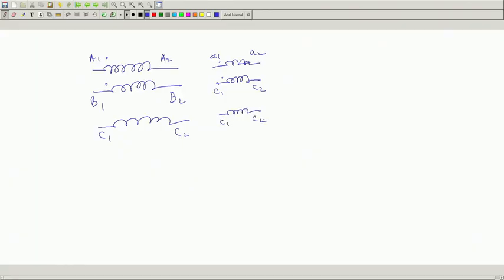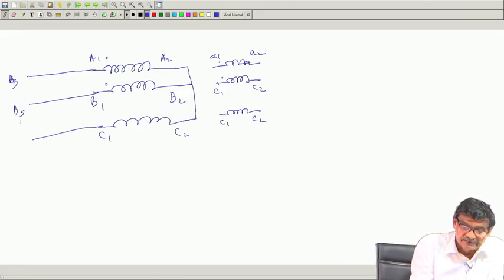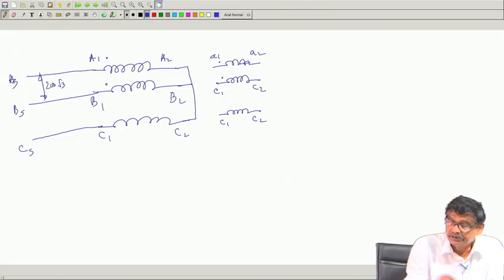You know? And what connection I have made? I have made this a star connection, and here I have connected 200 root 3 volt 3 phase supply AS, BS, CS, and here the line to line voltage applied is 200 root 3. Why 200 root 3?